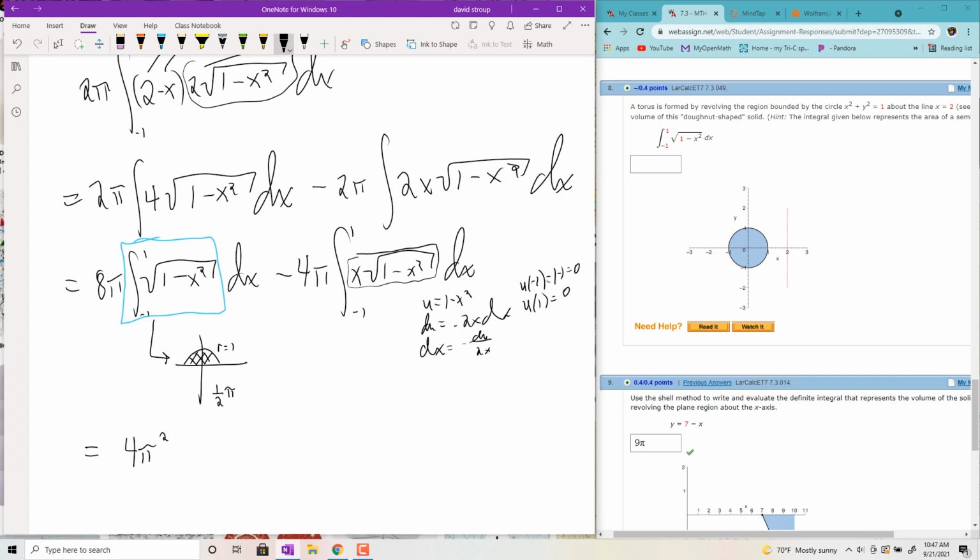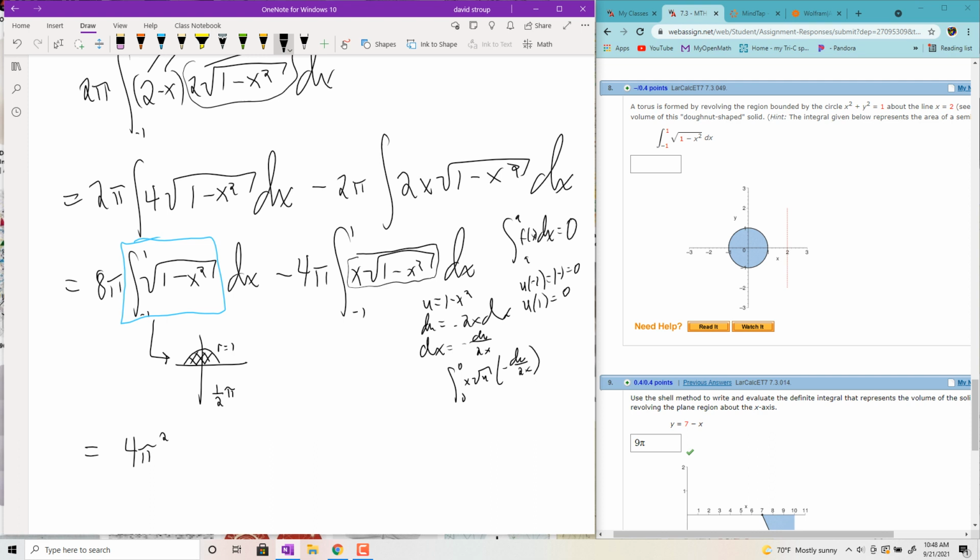So you would have an integral from 0 to 0 of x times the square root of u times negative du over 2x. Whenever you have an integral going from a to a like that, of any function, that's just going to equal 0. So no matter how you slice it, you're going to end up with a 0.